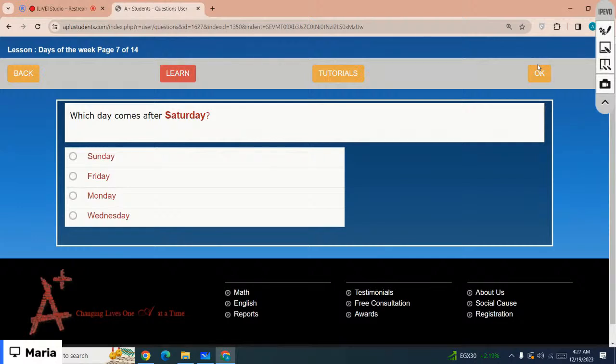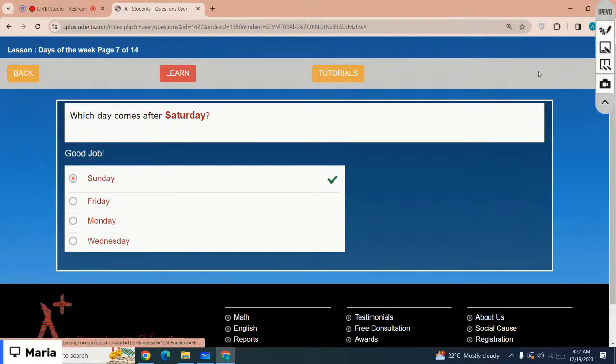Which is the correct option? Yes, after Saturday it is Sunday. The correct option is Sunday, right?